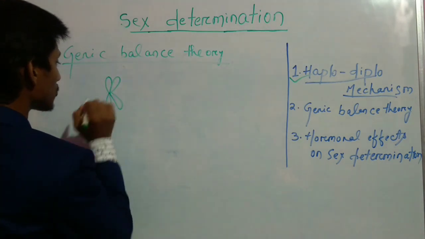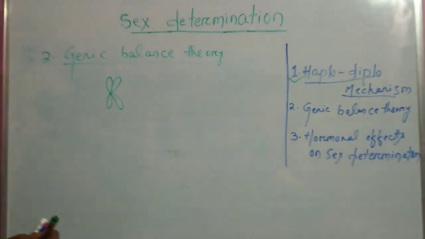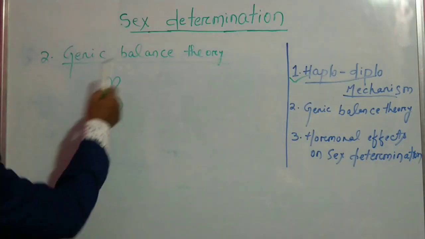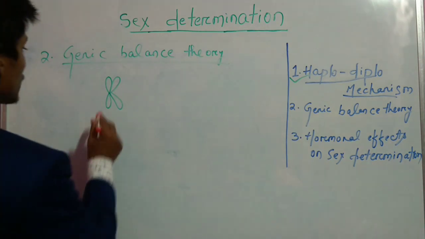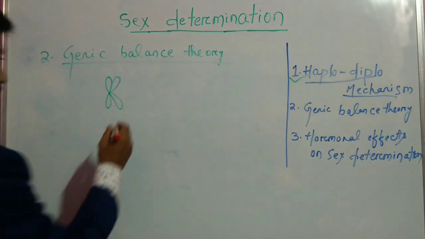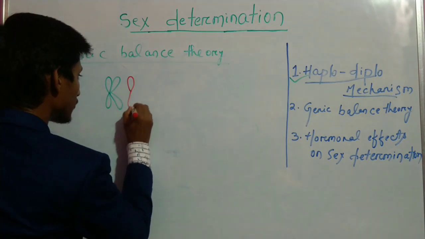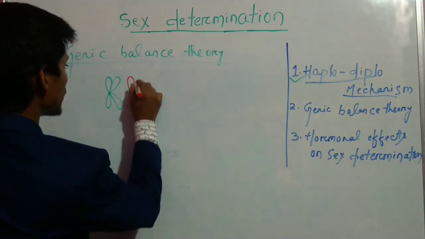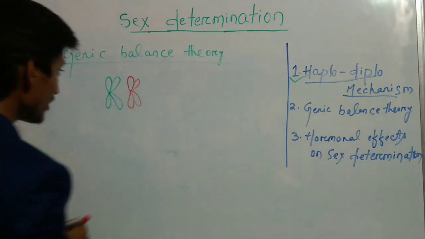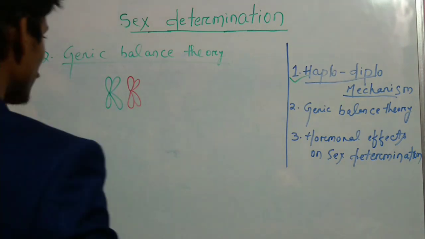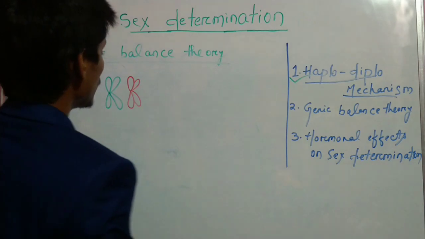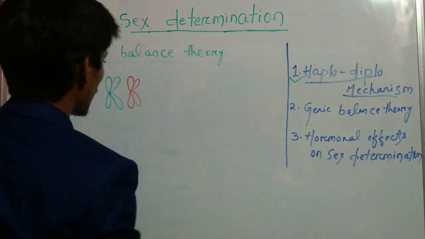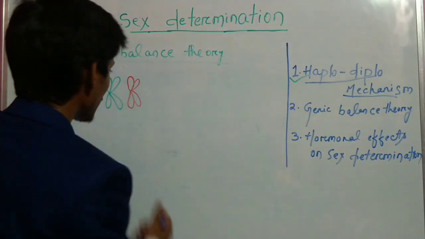We know what is autosome and what is sex chromosome from the previous video. So according to this theory, the character for maleness is present in the autosomes, and in the sex chromosome the character for femaleness is present. So genic balance theory suggests that the sex of the organism, or the drosophila, will be determined by the ratio.